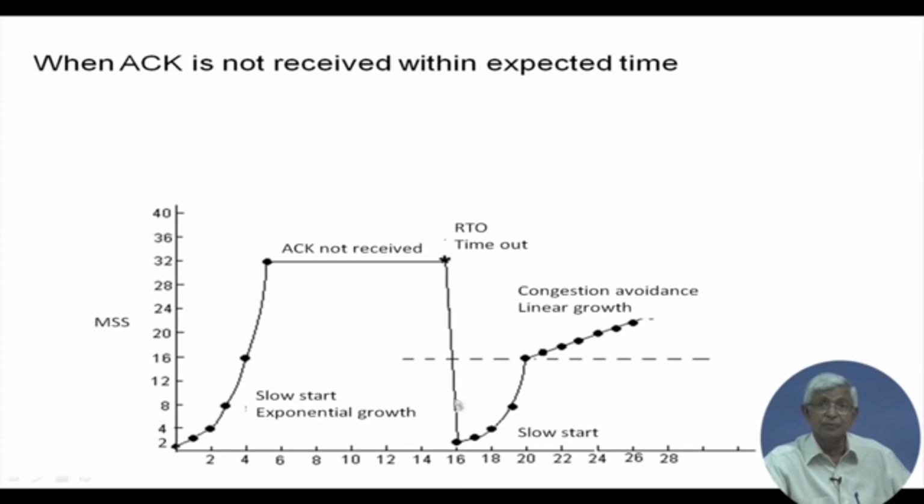So, you start from the beginning, you drop and start sending only 1 segment, and the SS threshold, whatever was there, is also reduced. So, it goes slowly, and once it reaches SS threshold, it goes linearly. SS threshold level is also reduced by half.